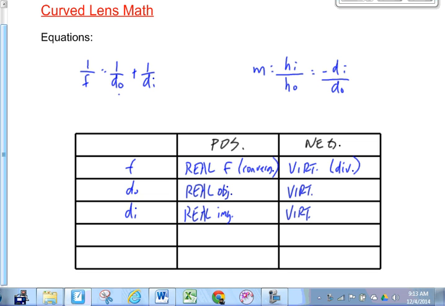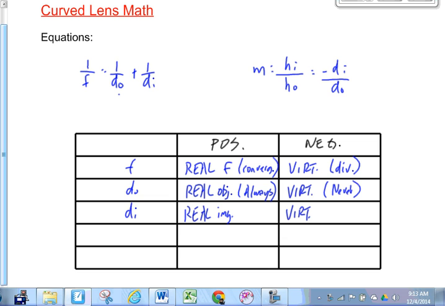The object distance is positive when you have a real object. For you guys in Physics 30, that will be always. So you never have to worry about DO being a negative value in Physics 30. If you take a physics course in university and you do lenses, you may have to worry about DO being negative.